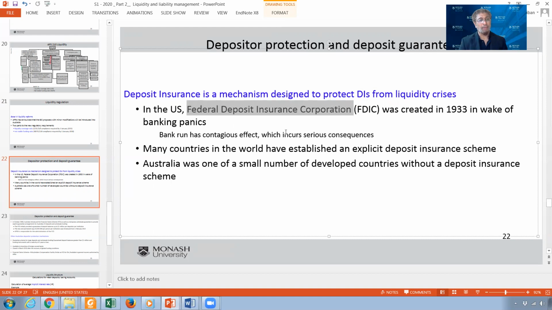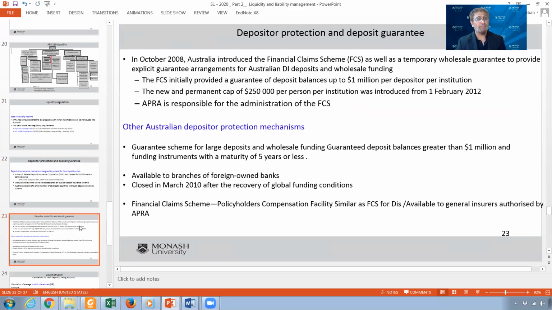So these bodies are governed and supervised by the regulators, and they receive premiums from the banks, and they can insure in terms of liquidity that they will pay up to 250,000 for each customer, and this is to decrease bank runs. So if there is a problem, you don't have to run. Your money will come back to you as long as you have less than 250,000.